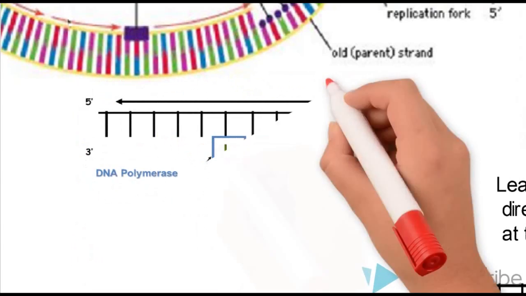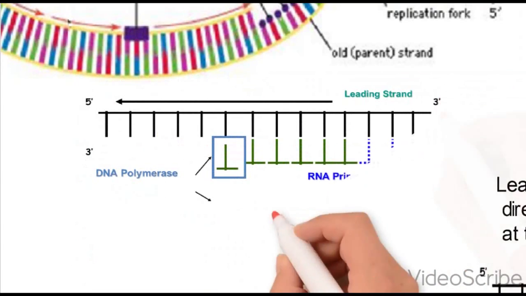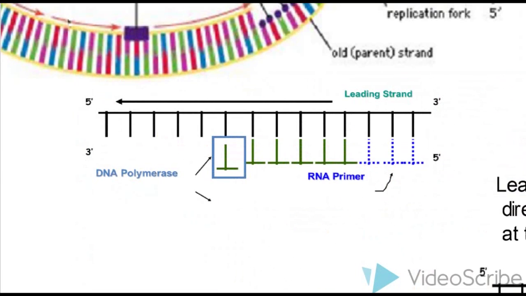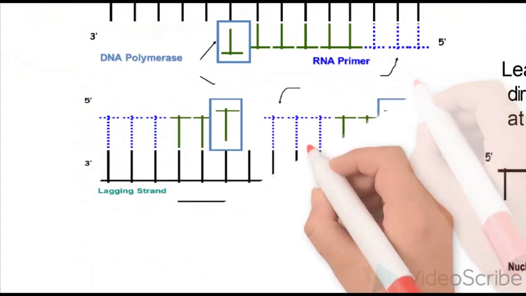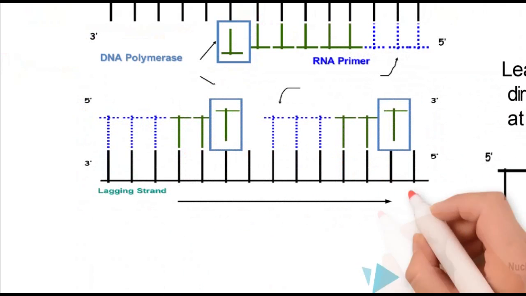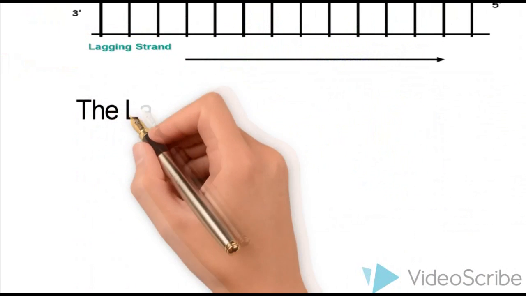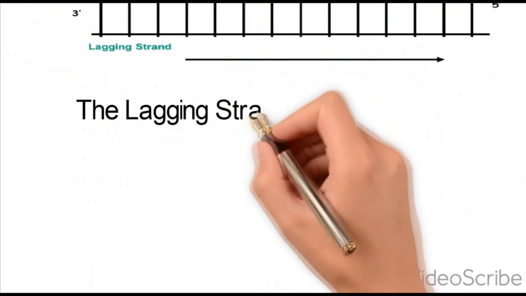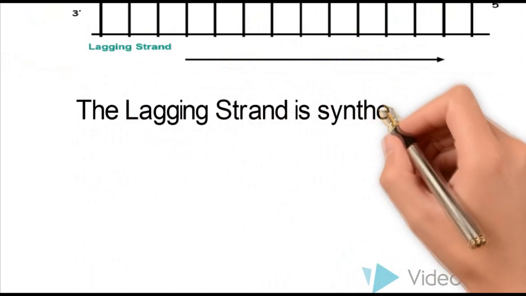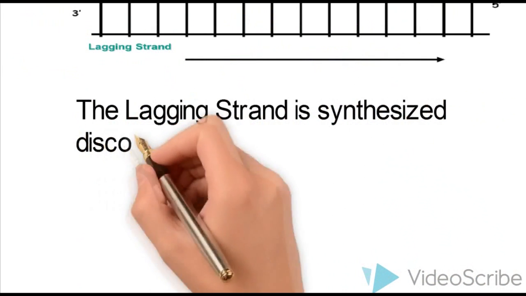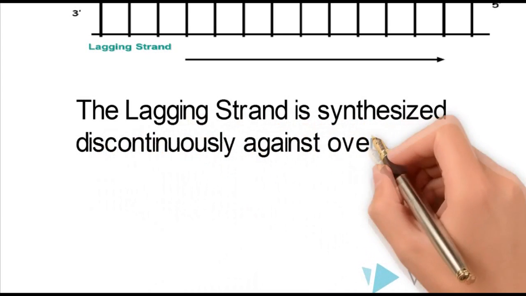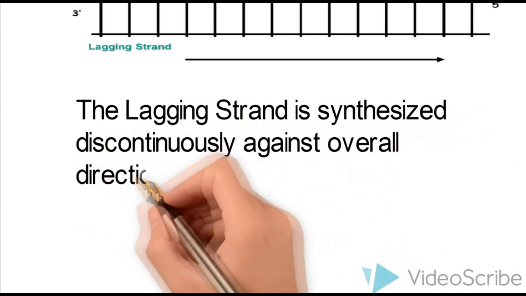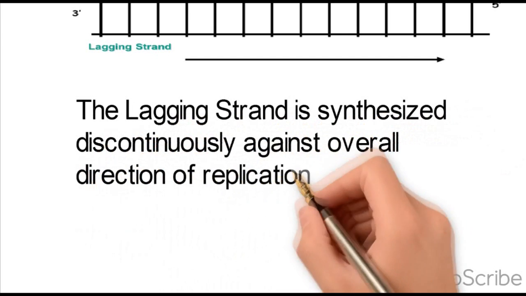The second strand is the lagging strand. The lagging strand is synthesized discontinuously, against the overall direction of replication. This strand is made in many short segments. It is replicated from the replication fork towards the origin.